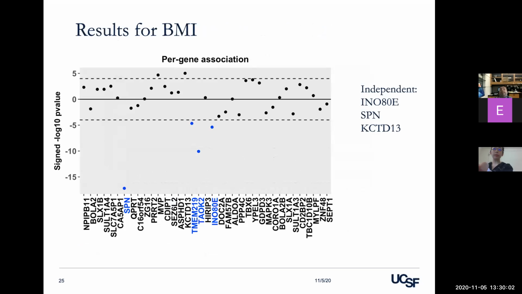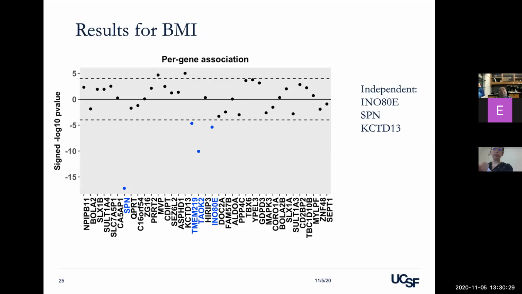We also looked at BMI, which is a proxy for obesity. We found that there were 4 genes that were associated in the negative direction. Obesity is associated with deletions on chromosome 16, so that's why I was looking specifically at the negative direction here.